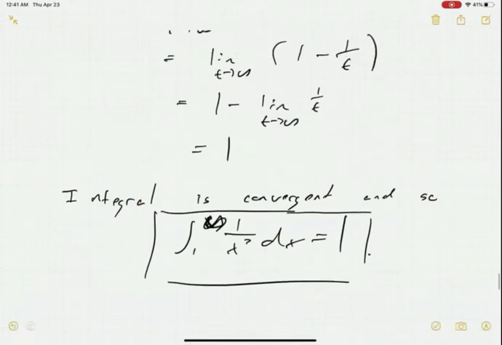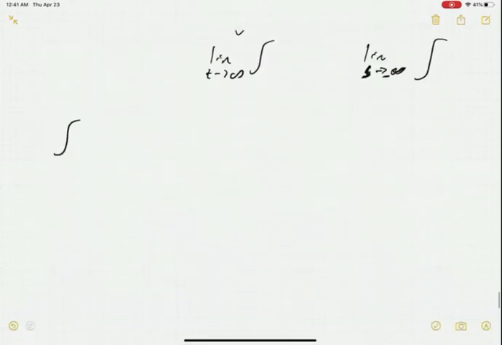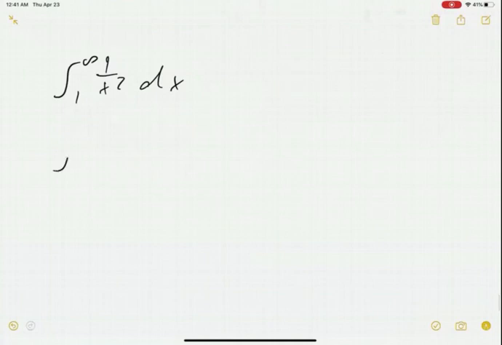And then for improper integrals, we also have the case where we're talking about functions that are not continuous. Like we could go back to 1 over x squared. I said 1 over x squared on the interval 1 to infinity, and on this interval our function's continuous. But what if I did negative 1 to 0, 1 over x squared?